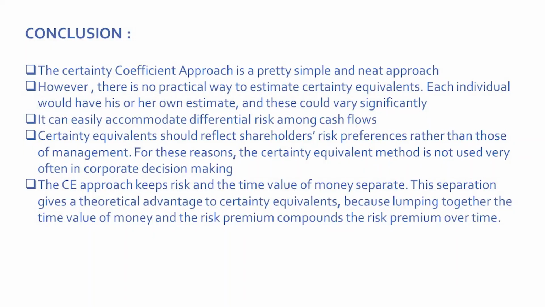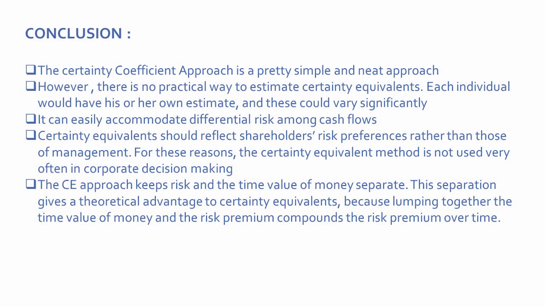So I would like to conclude and say that the certainty coefficient approach is a very simple and a very neat approach. However, there is no practical way of how you're going to analyze this certainty equivalent, because of which each individual has to estimate their own certainty coefficient in their own way.